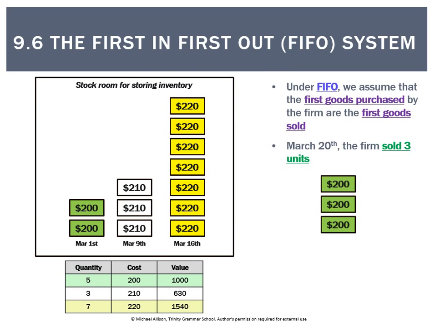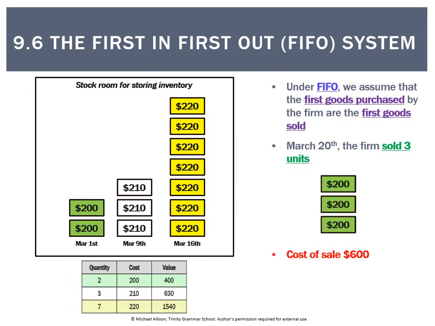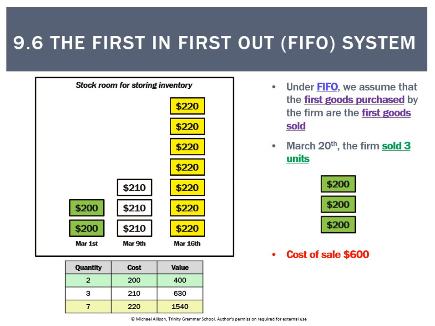They were the first ones in, so we'll assume they're the first ones out. So the cost of that sale would be $600. And you can see our stock card has been updated to say there's 2 left at 200, 3 left at 210, and then we've got 7 left at 220.